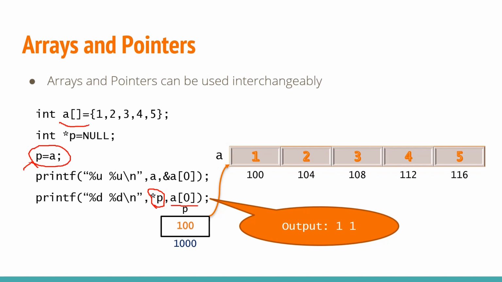Directly he can modify the array elements using p itself. This is one of the most powerful features provided by pointers, and this is why I say that arrays and pointers are used interchangeably, or I can also say arrays and pointers are related.